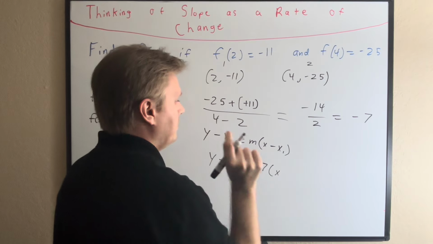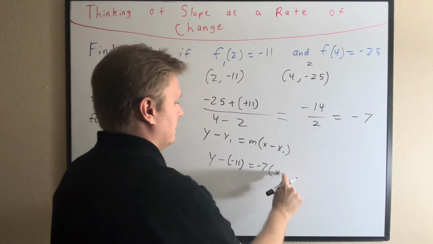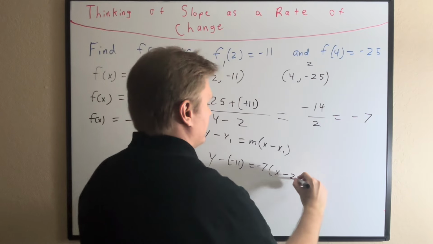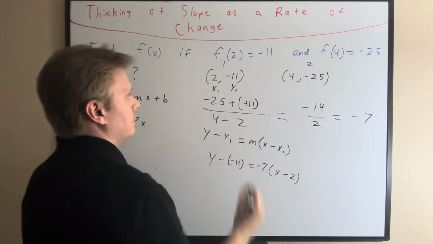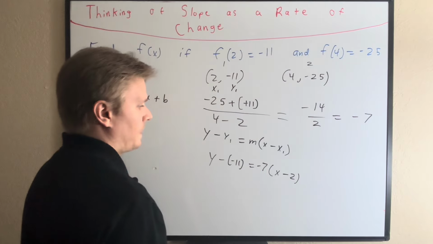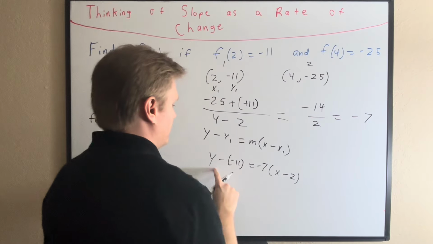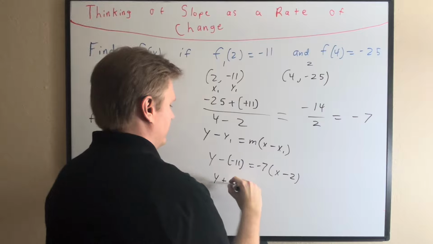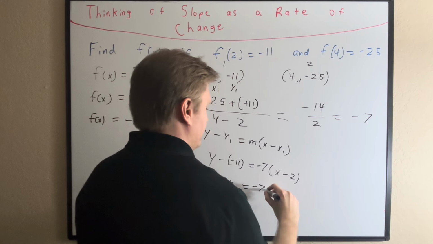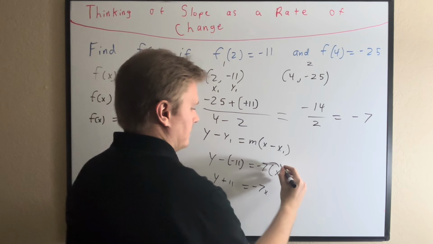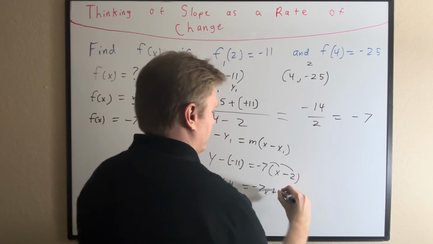But we're looking for b. So we subtract 2 because that's our x1, right? So y plus 11 equals negative 7x. We distribute this, right? Plus 14.